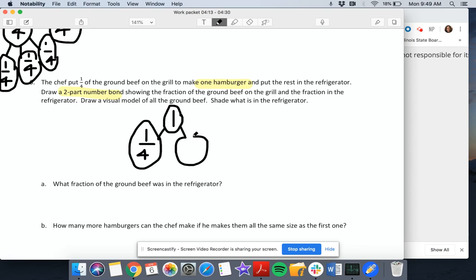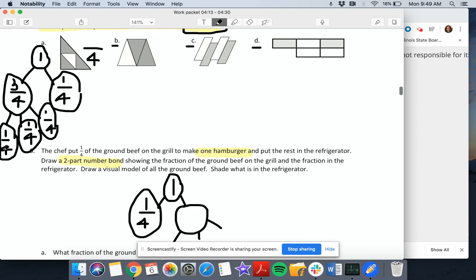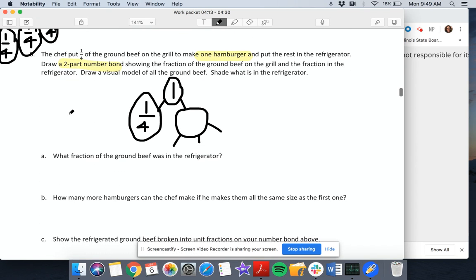And we need to figure out how much is now in the refrigerator. Okay, so how much would go here? 1/4 plus what would equal 1? Or how many more fourths do I need to equal 1? Well, I remember from up here, I need 4 4s to equal 1. So I know that each of my unit fractions is going to be 1/4.